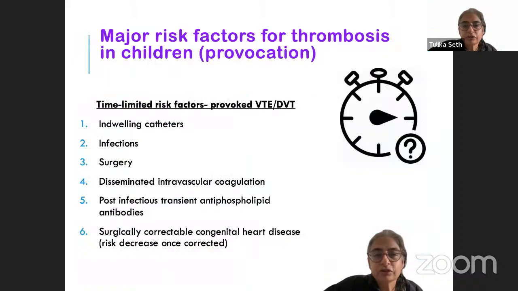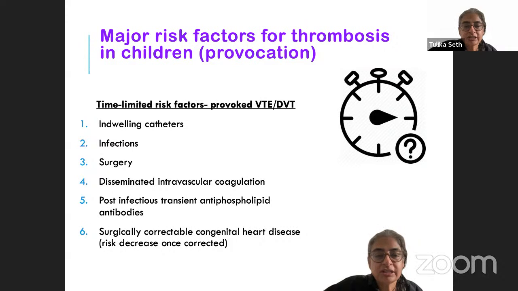So what are the major risk factors or the major provocation that we see? So indwelling catheters are one of the major things that we see. So deep vein catheters, central lines, PICC lines, all of these are culprits. Infections are another major predisposition because there is inflammation and there can be other changes that occur.